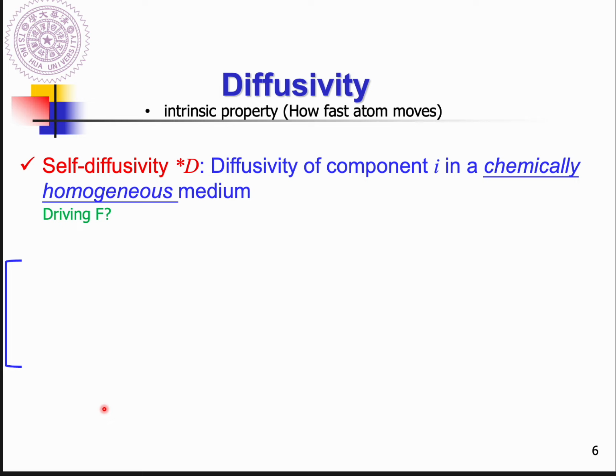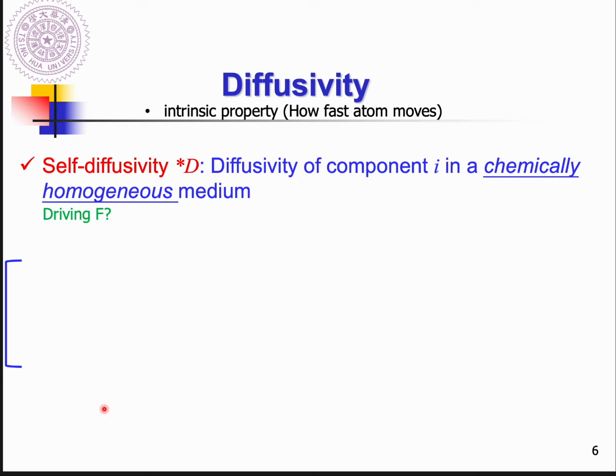The reason we will explain after this slide. This is also the reason why we want to introduce that there are actually three different types of diffusivity.